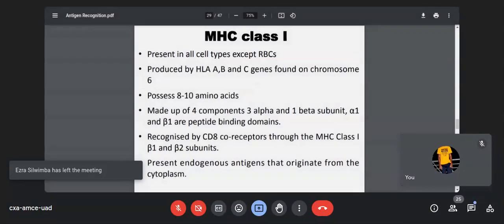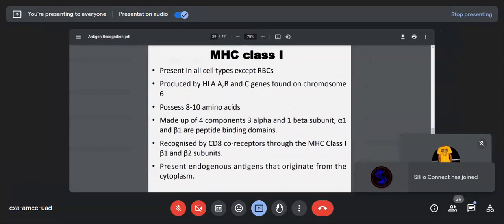part 3. Usually that's where you'd find MHC class 3, the one that is really talked about. On part number 2, that's where you find MHC class 2.